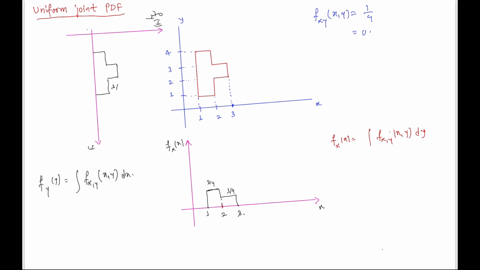So this will be 1 divided by 4, this will be 1 divided by 2, and this will be 1 divided by 4. Right? So given this joint PDF, we are easily able to find the marginal PDF of the random variable x and the random variable y. Let me give you one question.